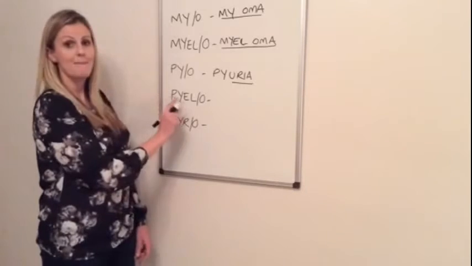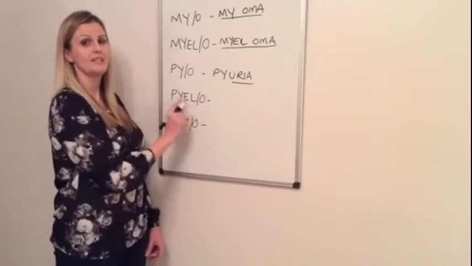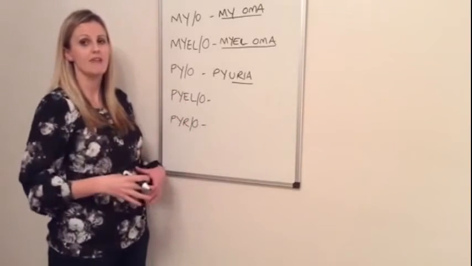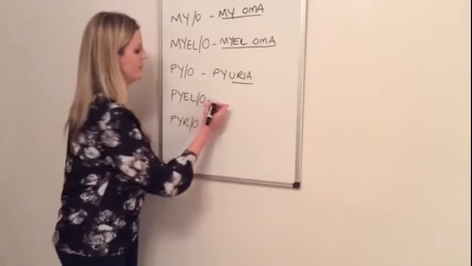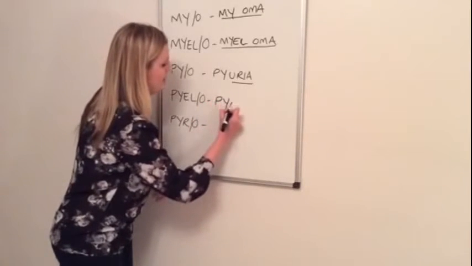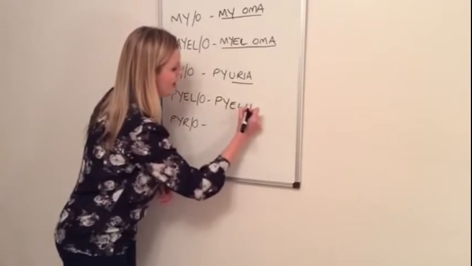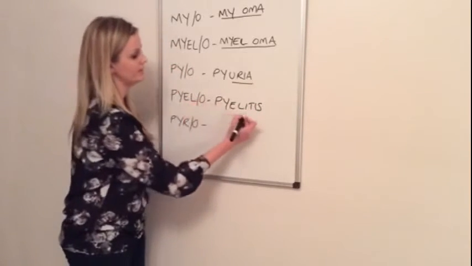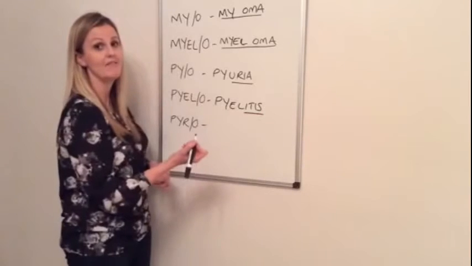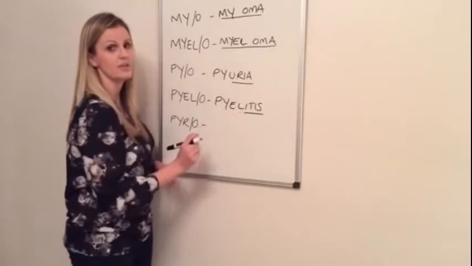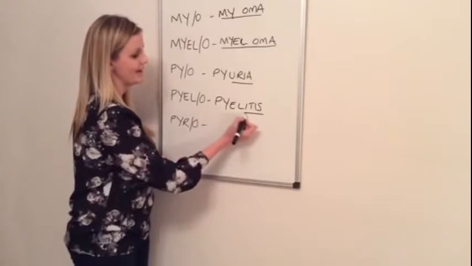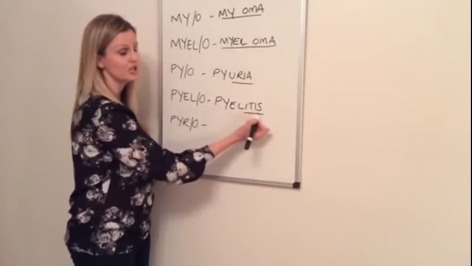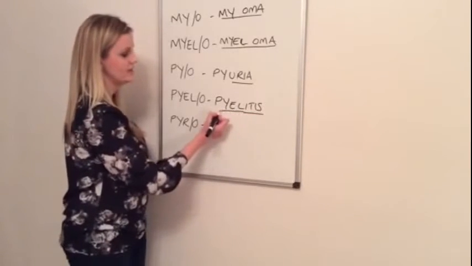This one here, pyelo. Pyelo means pelvis of the kidney. This is an area inside the kidney. So you could have pyelitis. Again, I've dropped the O because our suffix itis, meaning inflammation, starts with a vowel. So pyelitis is inflammation of the pelvis of the kidney.